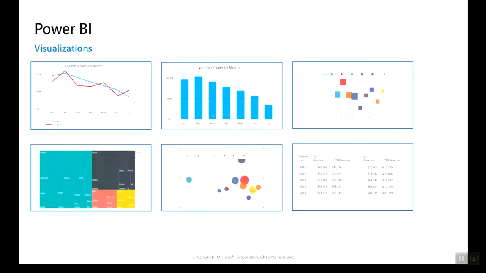Scatter plots or scatter charts can be used to show the relationship between two numeric values, and a bubble chart is essentially a scatter chart that replaces the data points with bubbles, and so the bubble size represents the relative size of the data points in the data.